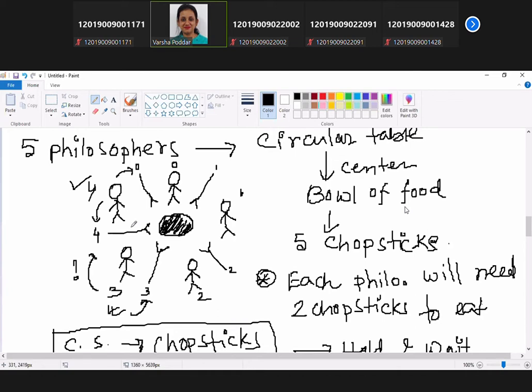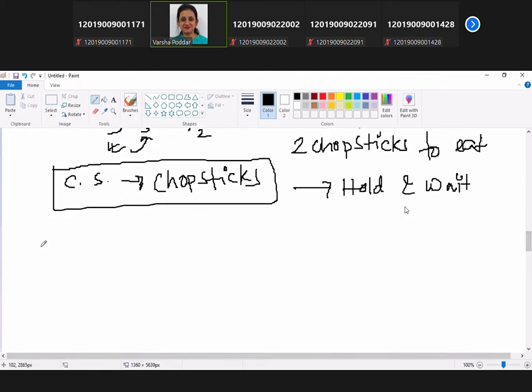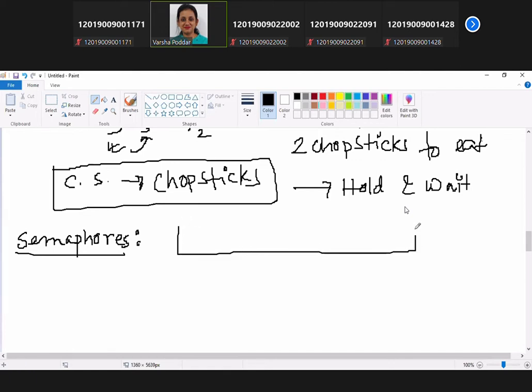Now, what next will we do here? Here the problem is a bit different. For every chopstick, I will assign one semaphore, because here there are 5 critical sections.